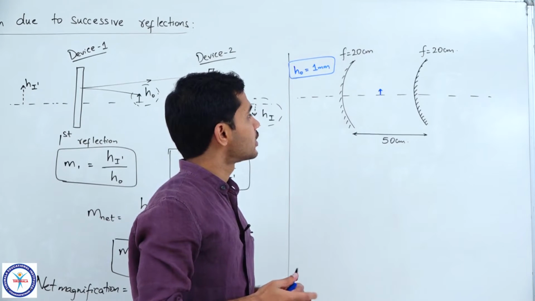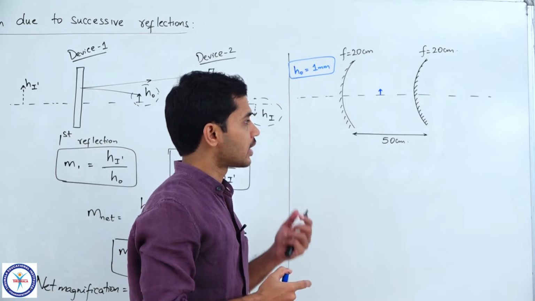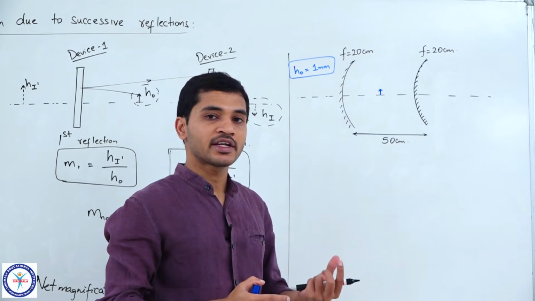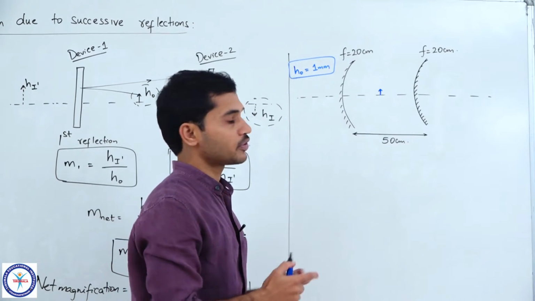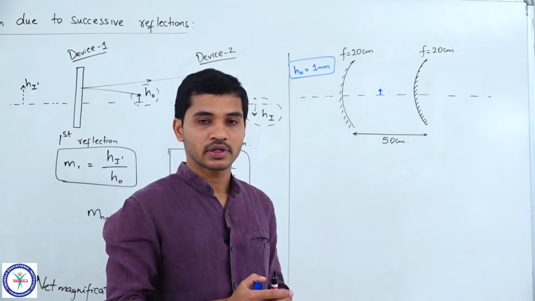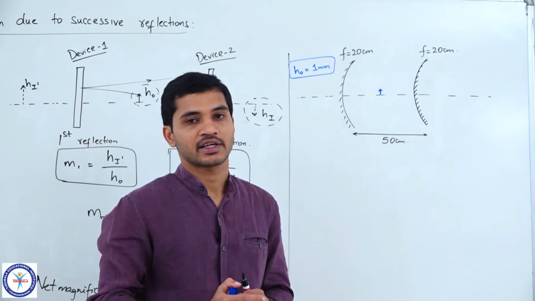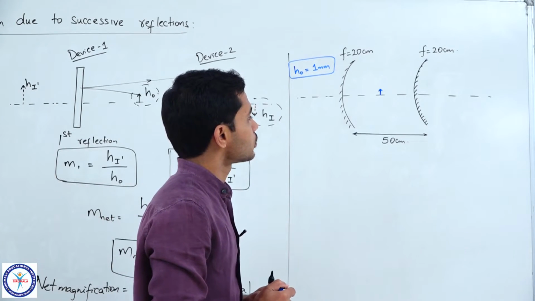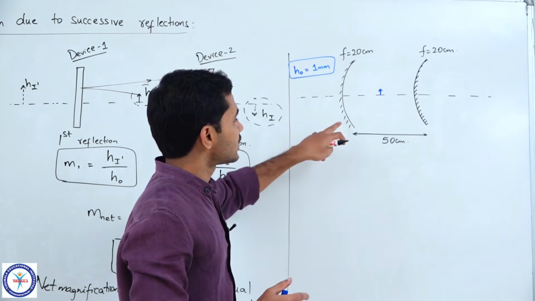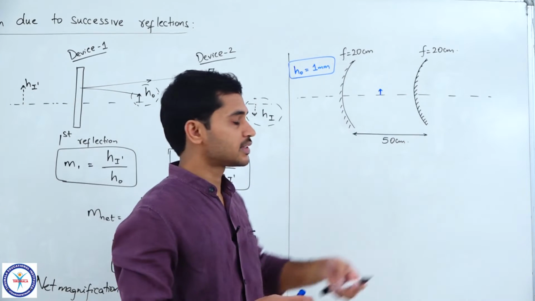Now, just like the earlier case, let us consider two reflections, and after two reflections the final image which is formed, let us try to find the height of that final image. I will be using the same concept. I will find the individual magnifications and take the product of individual magnifications. Let us consider the first reflection occurs at the concave mirror and the second reflection occurs at the convex mirror.